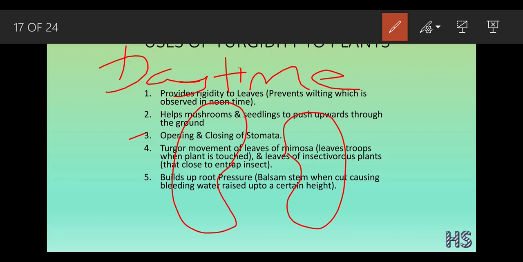At the same period of time, the guard cells are very turgid in nature. These are the guard cells, this and this are the guard cells, which are in the shape of a kidney bean. They are very stiff in nature, so they can allow the exchange of water and minerals to come in and get out, okay. But during night time, what happens?